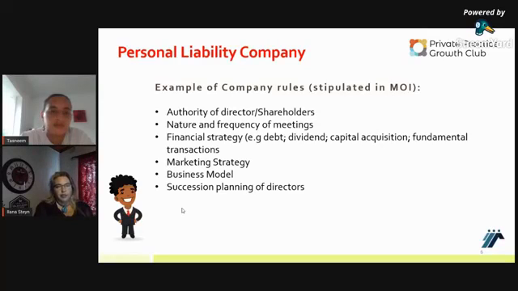How regularly do you need to get together? If there's any specific notices that need to happen. It can also include things like financial strategy. So that can be anything around debt, dividends, maybe capital acquisitioning or fundamental transactions. So you can actually stipulate that as part of your MOI as well.